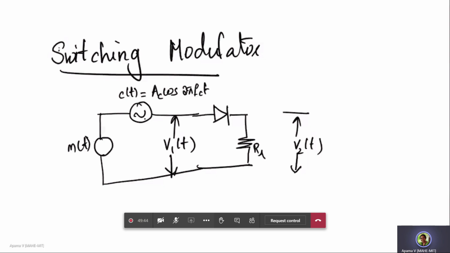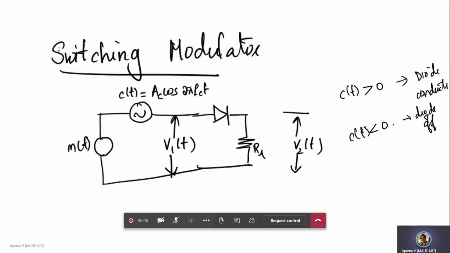So what happens? You have the carrier signal, c(t). When c(t) is greater than 0, the diode is on, the diode conducts. And when c(t) is less than 0, the diode is off, or it is reverse biased. So whenever c(t) is positive, the diode conducts, and at those times the message signal will be passed to the resistor.